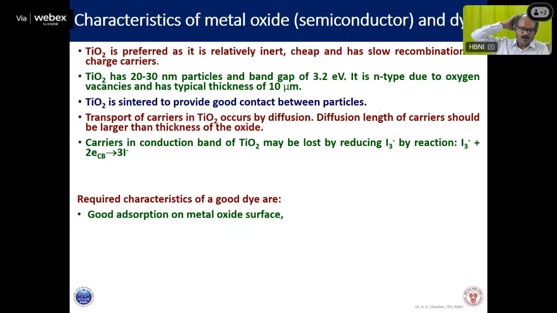That is also possible, but the probability is low, because some parts of the TiO2 will be in contact with the electrolyte, since you are not covering all the spaces. There will definitely be some spaces left, so there is a possibility of this back recombination.